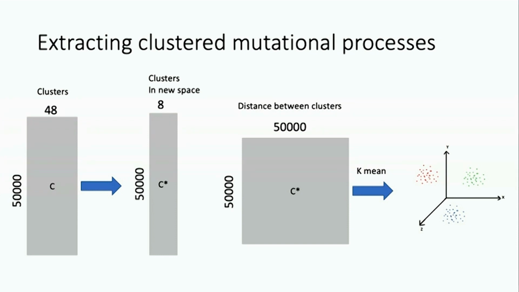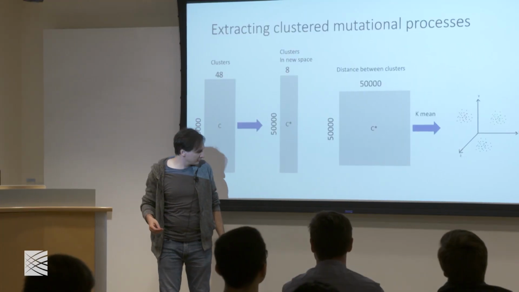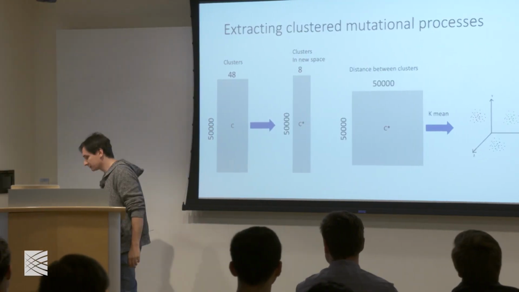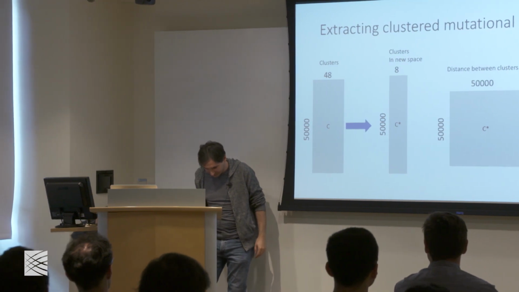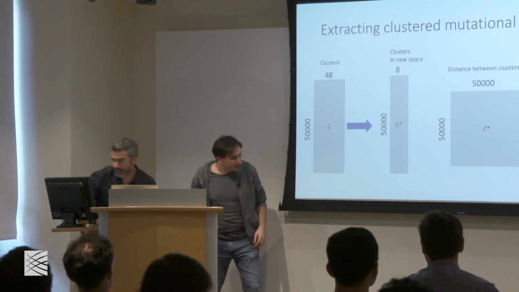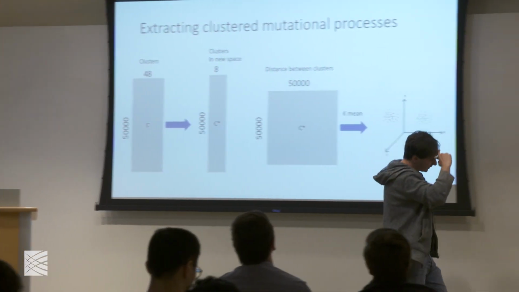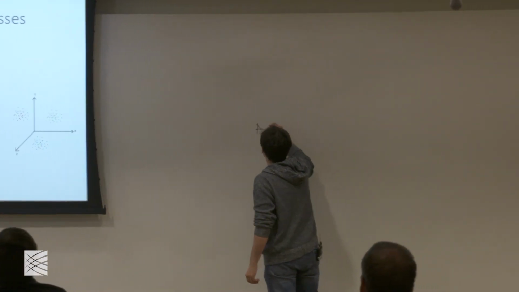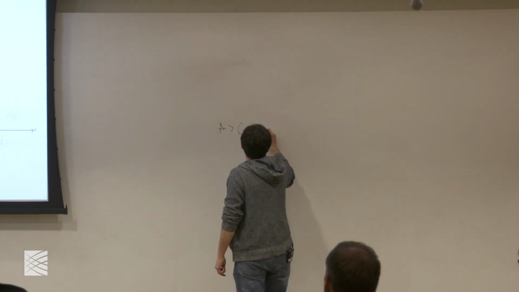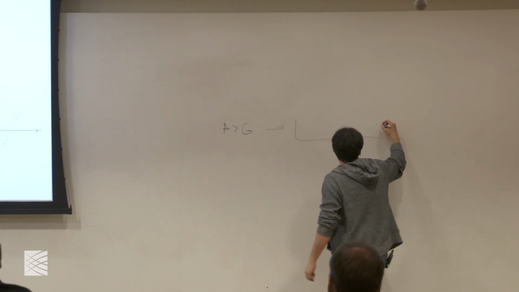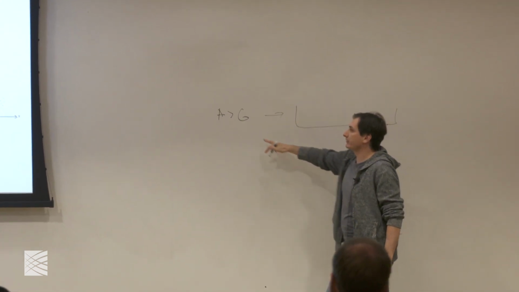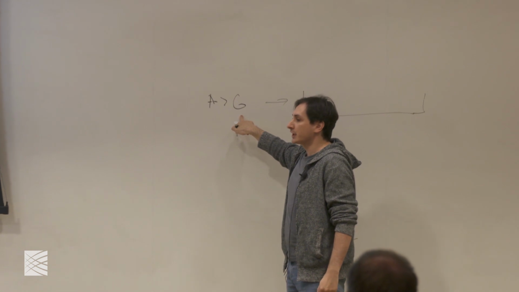Question. Can you explain one more time the 12 by 4? Yeah, exactly. For each mutation type, there are 12 mutation types, single nucleotide mutation types.